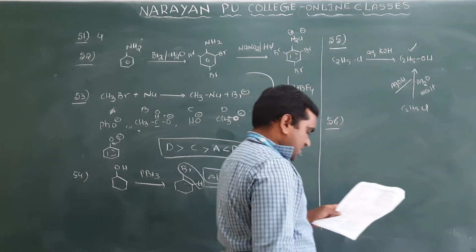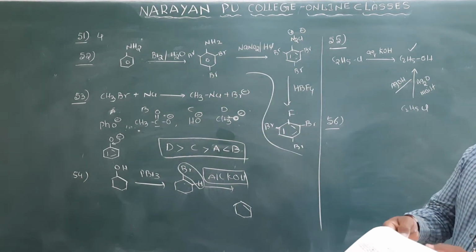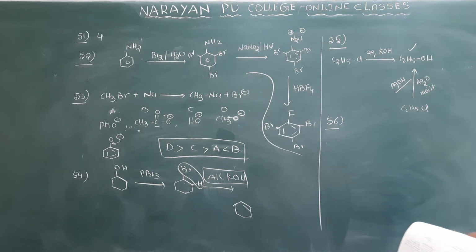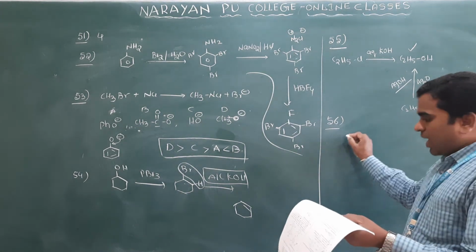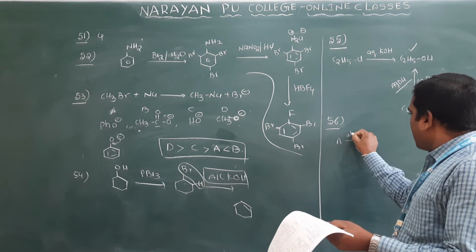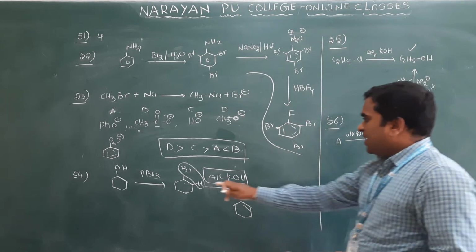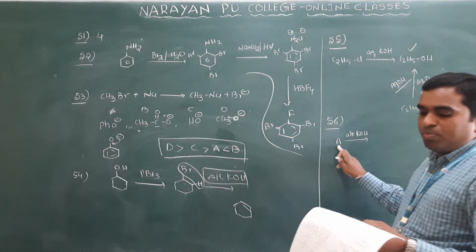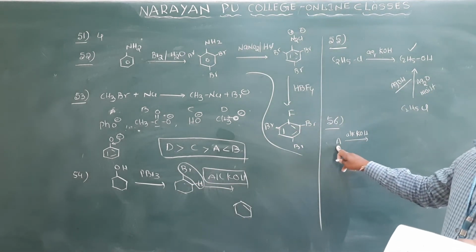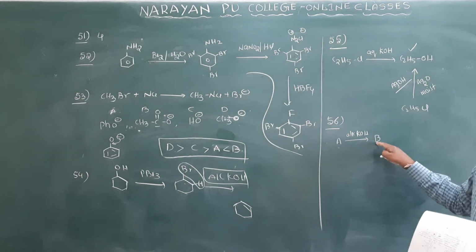Question number 56. A compound A reacts with alcoholic KOH to yield compound B. Alcoholic KOH means elimination, so A should be an alkyl halide to yield compound B, an alkene.